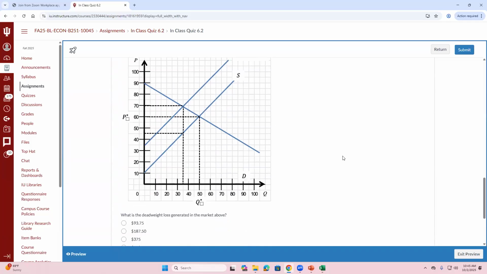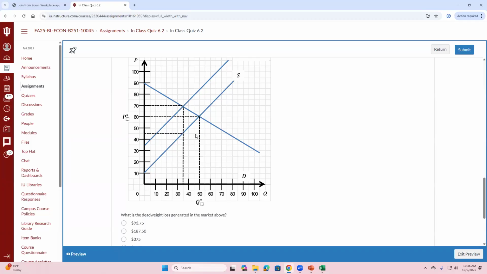What's the deadweight loss that's generated in this market? It's going to be the triangle on what side of this graph? The right side, right? It represents what? The surplus loss from both producers and consumers. So the area between our supply and demand curve for every unit that we no longer see sold in the market. So that's going to be all of these units between 35 and 50. We lost all of this surplus. So I said the height of this would always be what? The value of the tax, so 25.